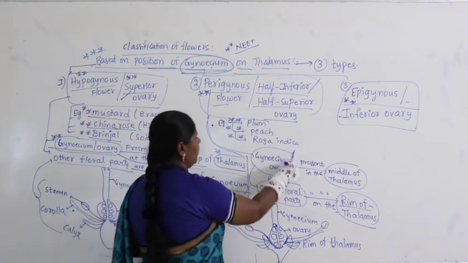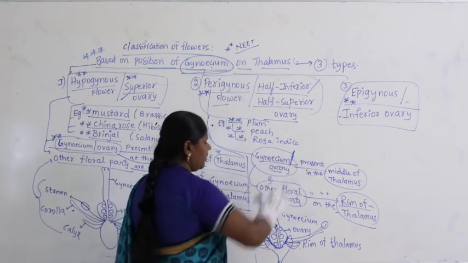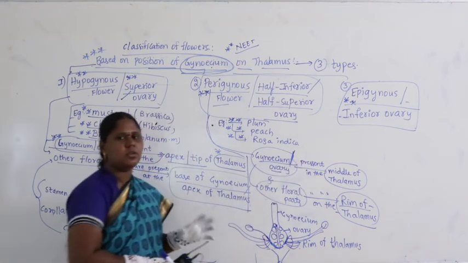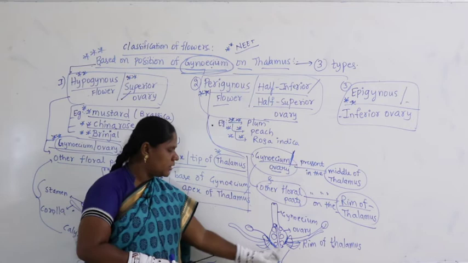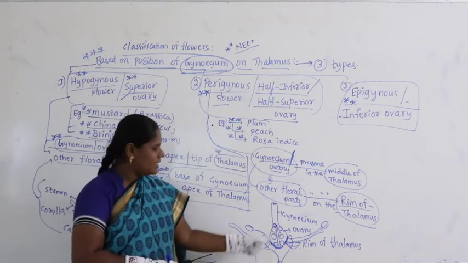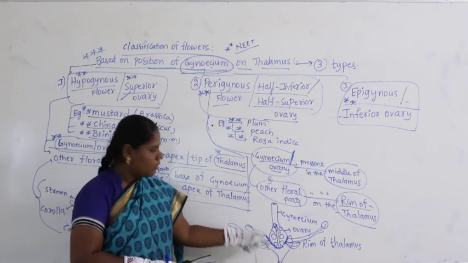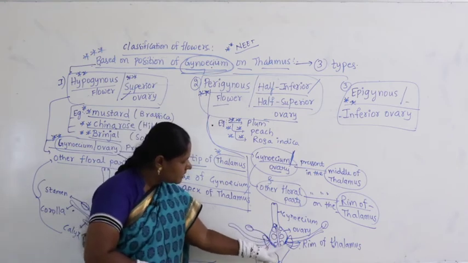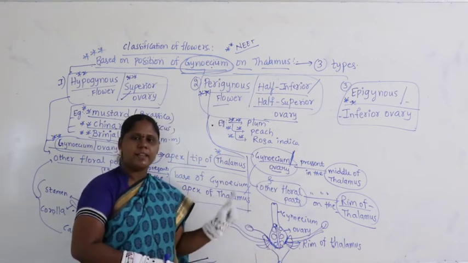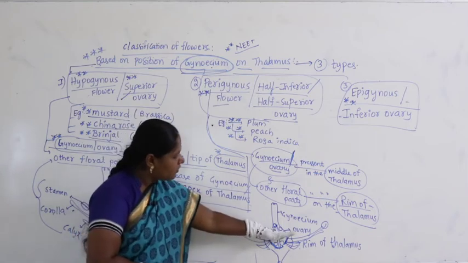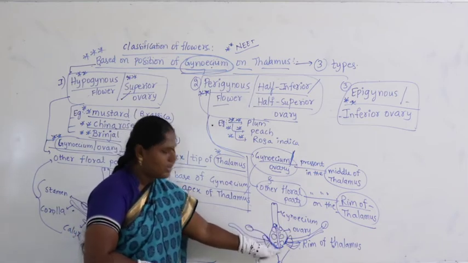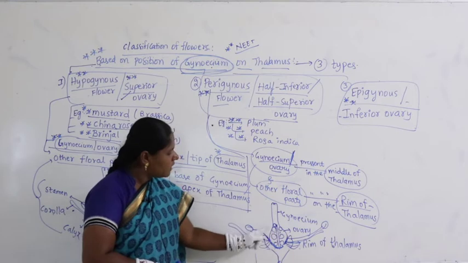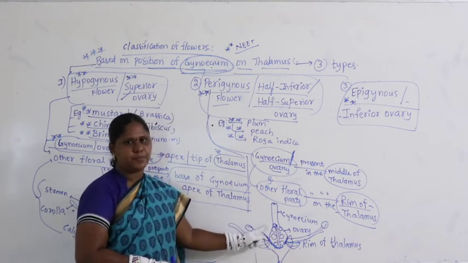Gynecium or the ovary is present in the middle of thalamus or inserted into the thalamus, just slightly inserted into the thalamus. When it is slightly inserted, look at the position of ovary, this part is ovary. Half of the ovary is inside the thalamus, half of the ovary is above the thalamus, outside the thalamus.